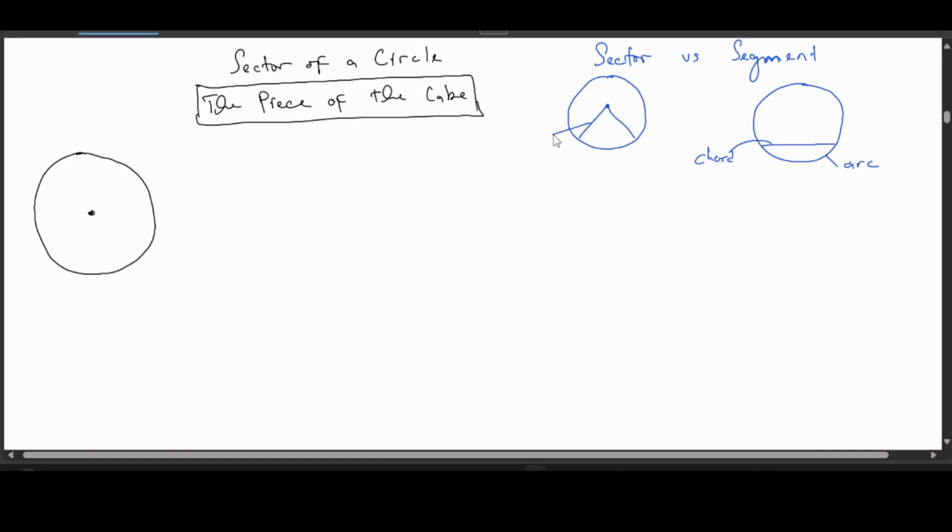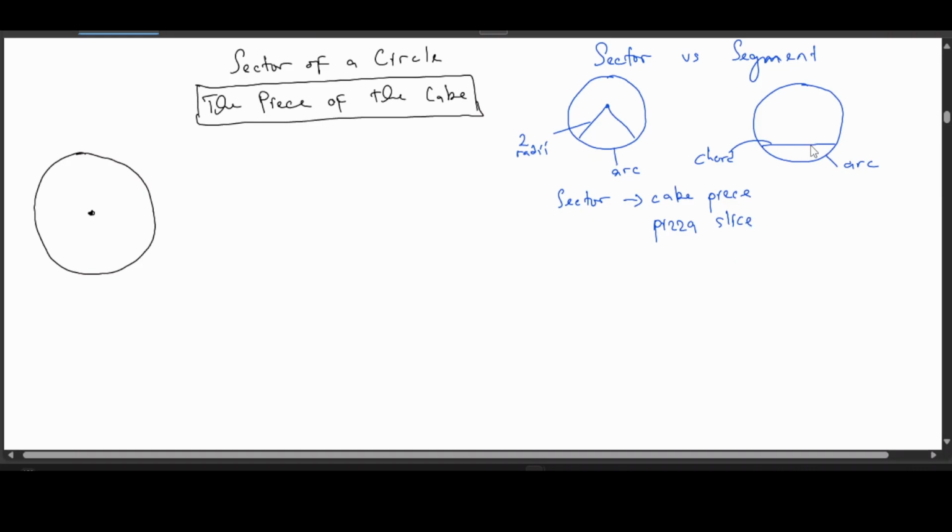So it is formed by 2 radii plus this arc. So take a sector to be more like a cake piece, or a pizza slice. You can also imagine it like that.